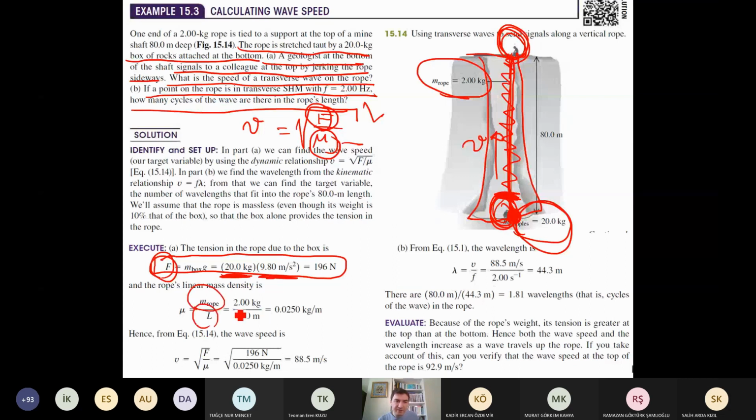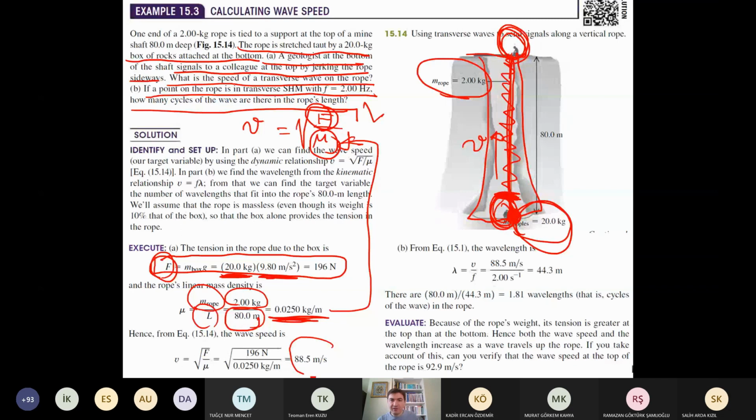Mass of the rope is given, length of the rope is given, then you can calculate mu, and then also put this one here in this equation, then you can calculate speed, 88.5 meter per second. This was the answer of the first question.